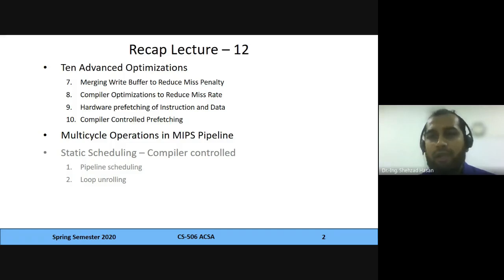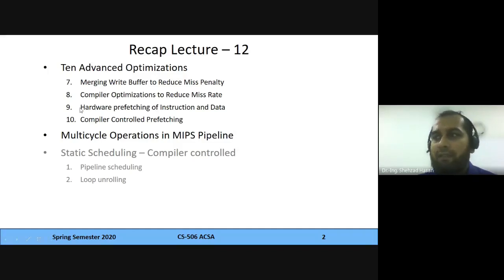And then we also looked at tiling. Tiling and blocking is a scheme where you are not going to work on all the elements of the rows or the columns, but you go in a blockwise way, which obviously helps in matrix multiplication.